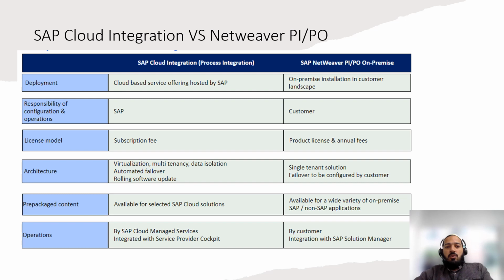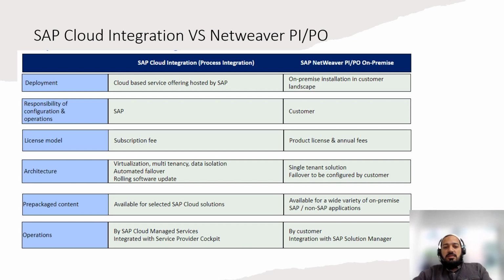Architecture is cloud-based for SAP Cloud Integration process integrations, with virtualization and multi-tenancy data isolation, failover and rolling software updates. On the other hand, NetWeaver needs to have its own configurations and is a single tenant solution, with failover to be configured by the customers.